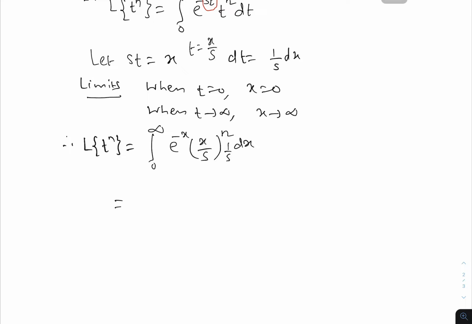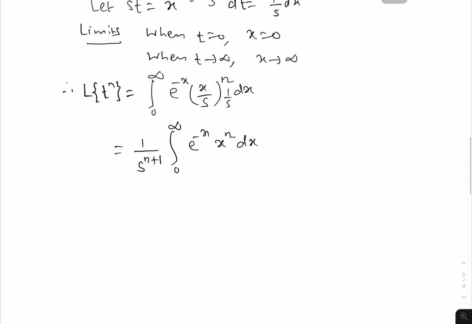Now this is equal to, s to the power n here, so we can take 1 over s to the power n plus 1 outside, the integration from 0 to infinity of e to the power minus x, x to the power n dx.